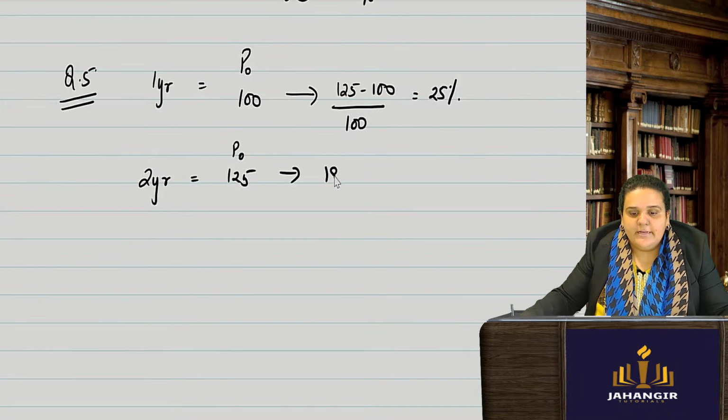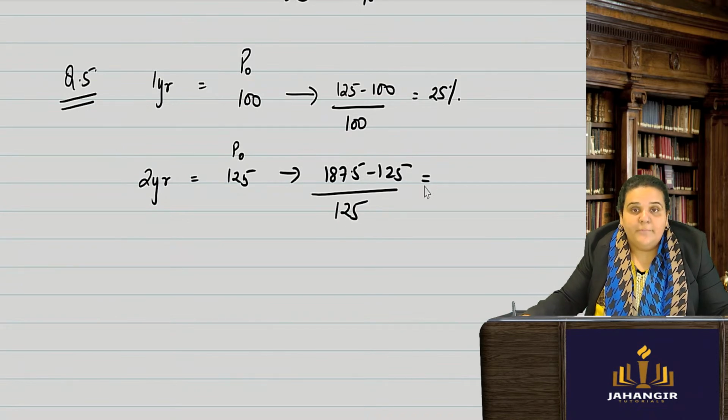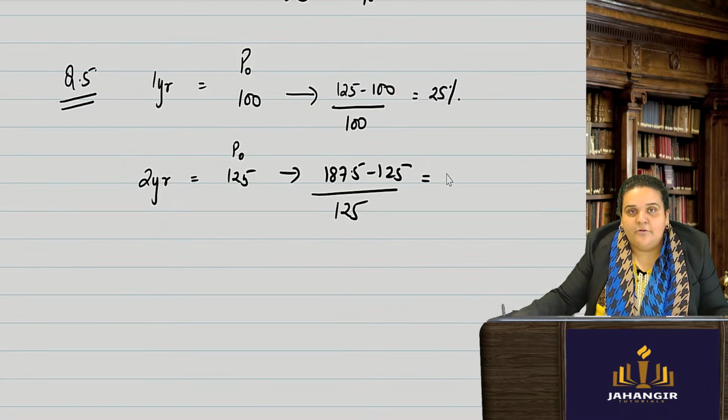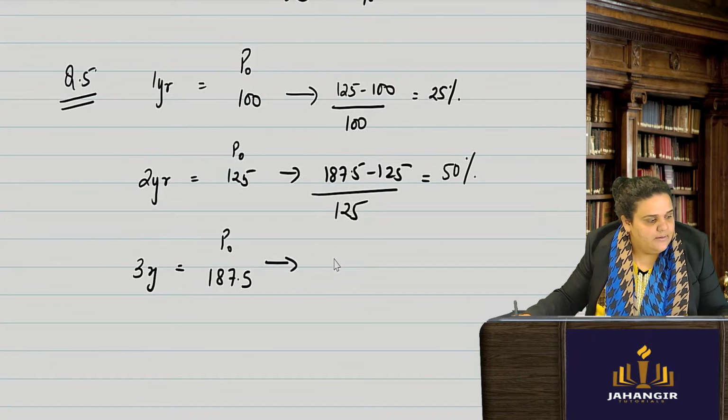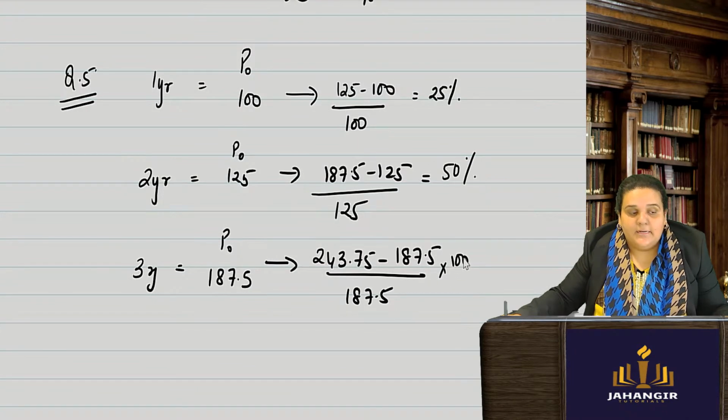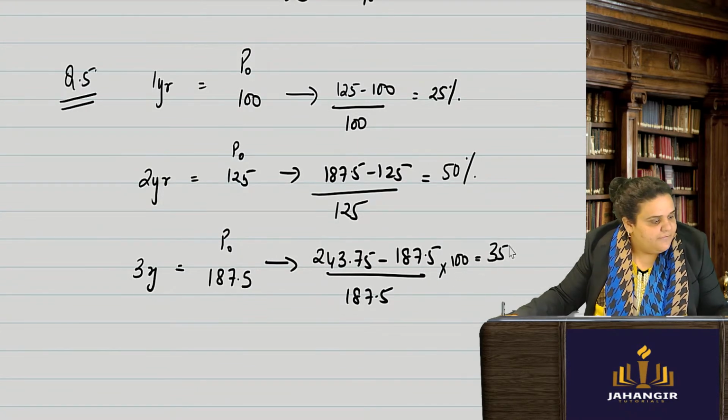It went and became 187.5. Again I want to find the percentage. For me now the base amount will be 125 rupees, and I'll always multiply by 100. That will become 50%. And in the third year, when my P0 was 187.5, it grew to 243.75. Multiply by 100 in order to get the answer in percentage form. This will be 30%.